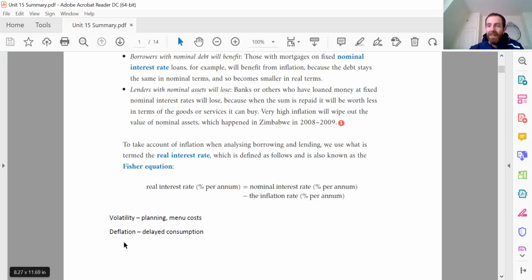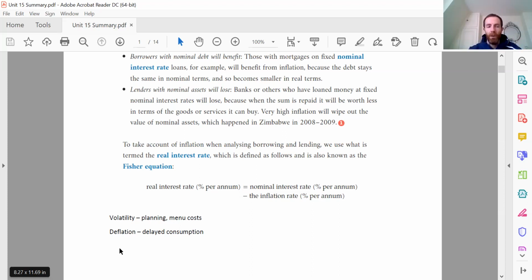And then the final thing to consider is deflation. If there's a falling price level, there's one particularly worrying consequence of that. If consumers, and potentially businesses as well, see prices falling, see deflation, they might think, well, if this carries on, then maybe I've got this big thing I'm thinking about buying.